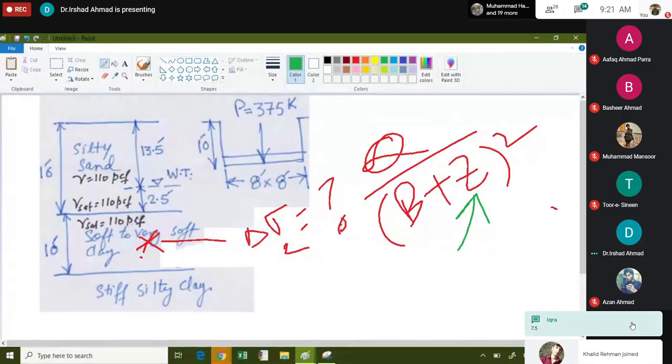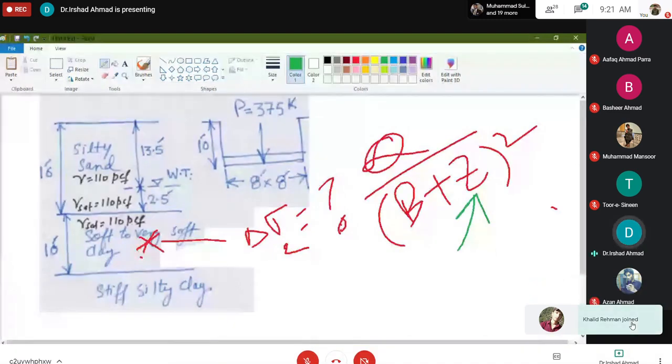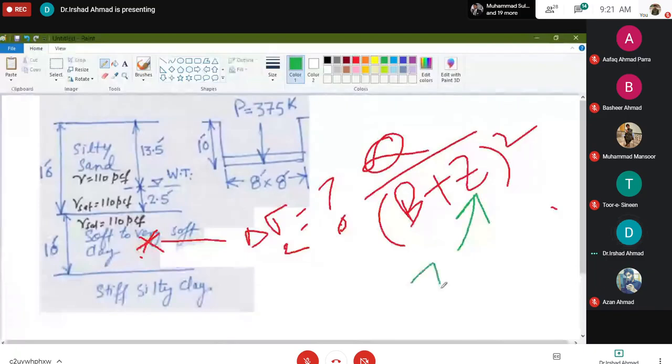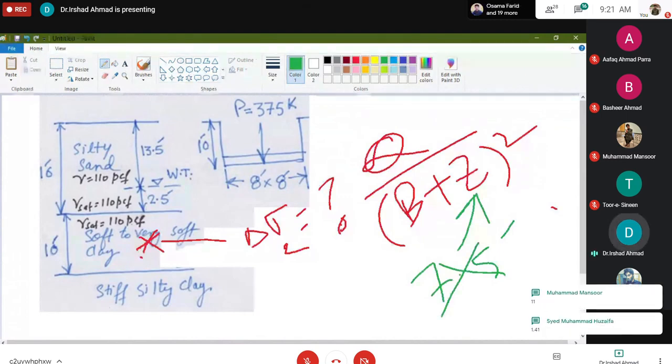Miss Ikra says it is 7.5 feet. No, it is not 7.5 feet. 11. That is wrong. जी बताएं.